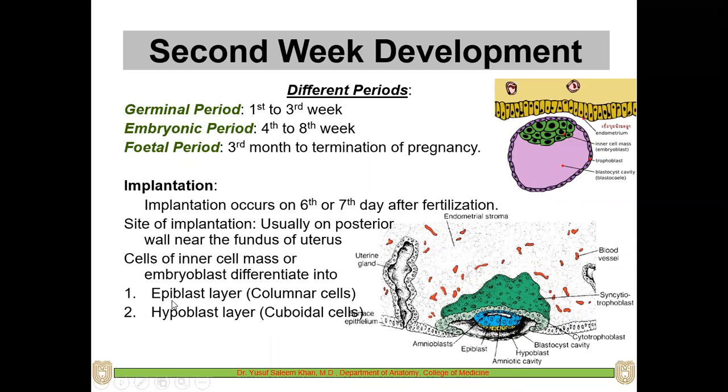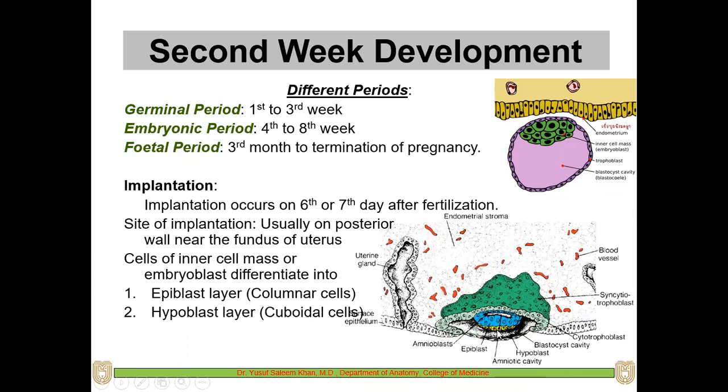One is on the top, called the epiblastic layer. These blue colored cells, which initially were all one, are now differentiating into top cells. These are called the epiblast, and the layer is the epiblastic layer, and the cells are tall columnar cells. Below this yellow colored line, the cells change themselves into the hypoblastic layer, called the hypoblast, and the cells are cuboidal in shape.